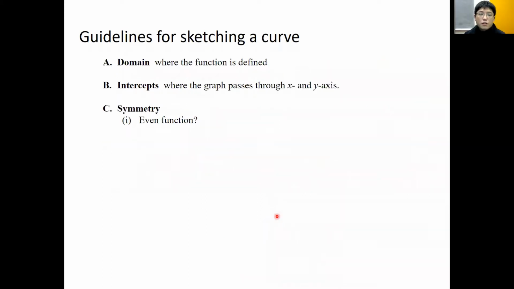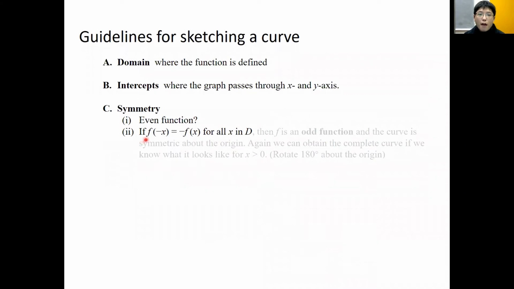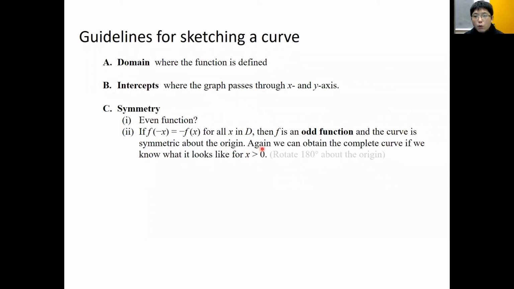The second case happens when f(-x) = -f(x) for every x in the domain. If this happens, then f is an odd function and the curve is symmetric about the origin. Again, we can obtain the complete curve if we know what it looks like for x positive. So all we need to do is to rotate 180 degrees about the origin.